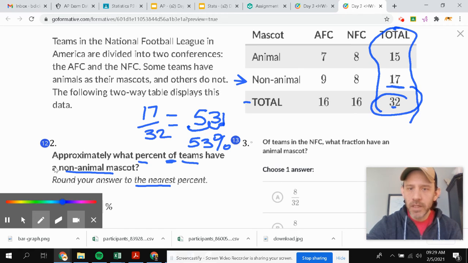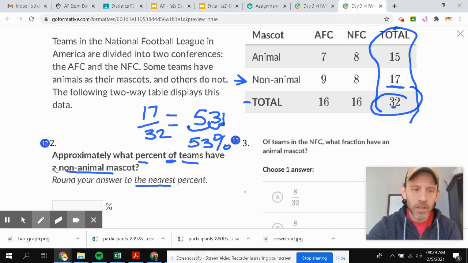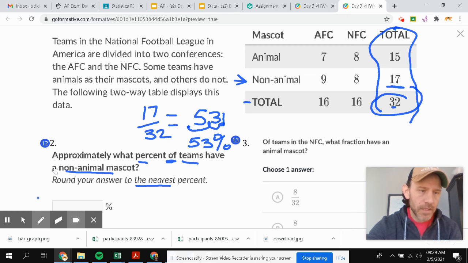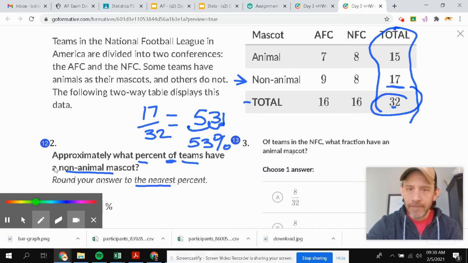The last one here, number 13, is talking about what fraction of the NFC teams have animal mascots? So let's take a look at that problem set and see what we do there. So the first thing you want to ask is, of what? So it's of teams in the NFC.